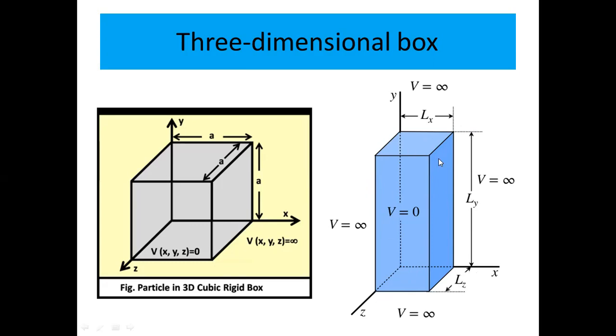When the particle is in between the box, the potential energy will be zero, and when it crosses the limits of the box, the potential energy will go to infinity. This is the same explanation as I gave for the particle in the one-dimensional and two-dimensional box.